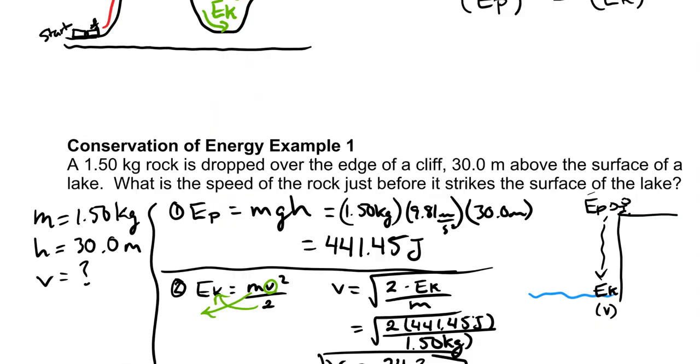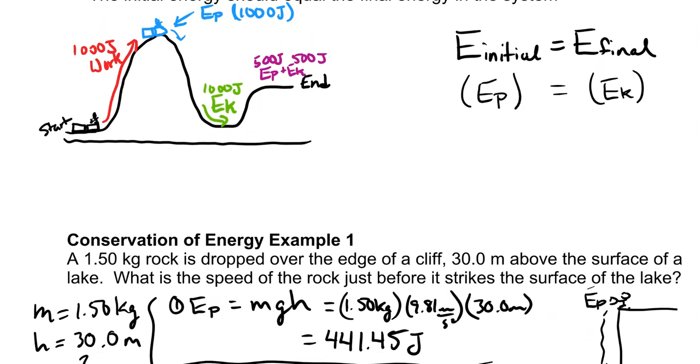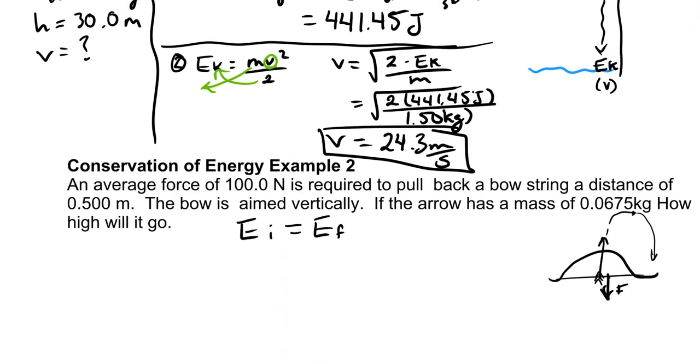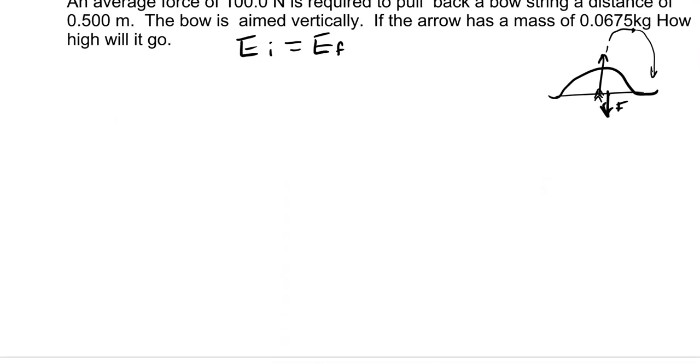Let's go back to our roller coaster. What did we do at the beginning? We did some work. Work is the energy you give another object. So this is like saying the work is equal to, and what's the energy that we care about at the end?